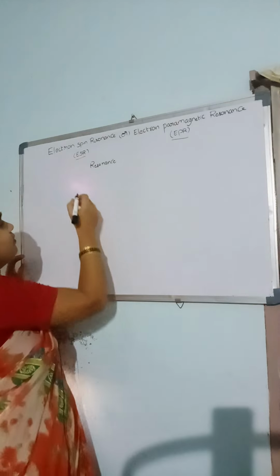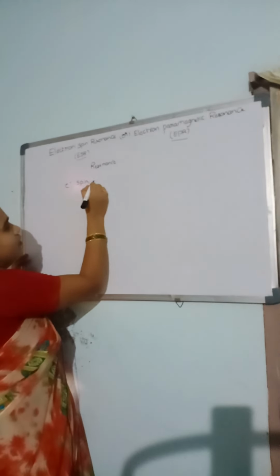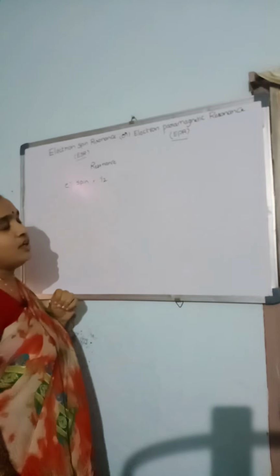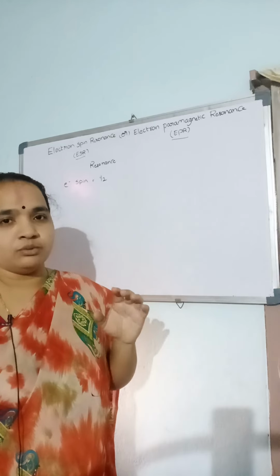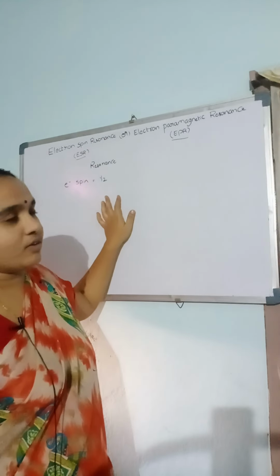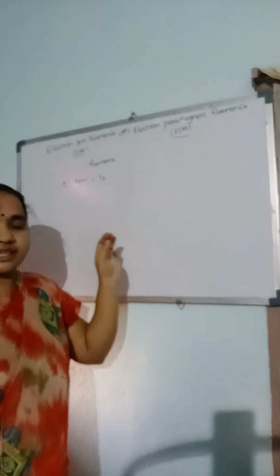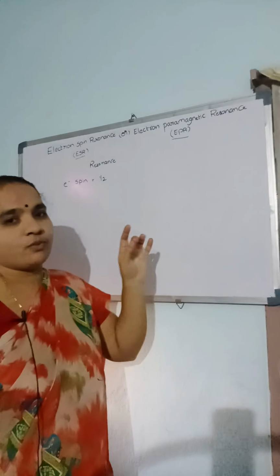So electron spin value is 1/2. This electron spin resonance is applicable to valence electrons, that is, atoms having a single valence electron in the outermost orbit.